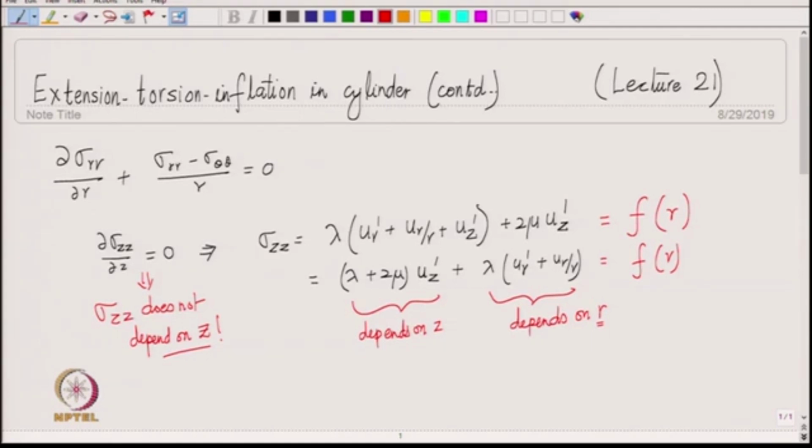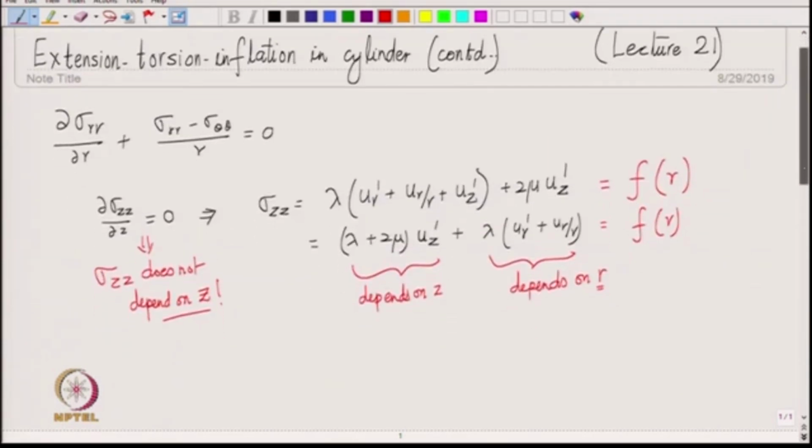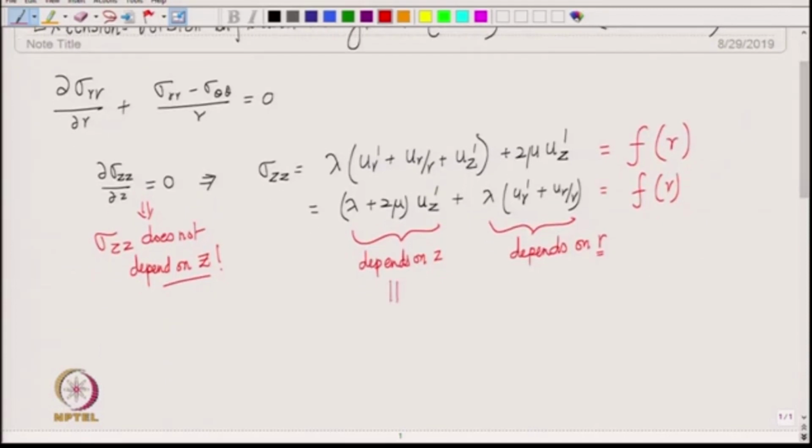So, there are two things on the left hand side, one depending on z, one depending on r, and the sum is equal to something which only depends on r. So, this tells us on the left hand side the dependence on z is actually not there. So, this tells us that u z prime should actually be a constant.